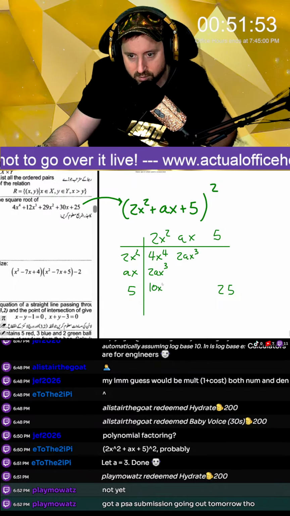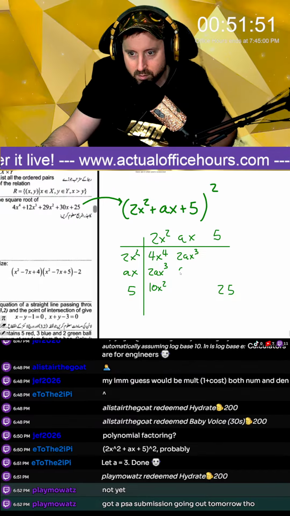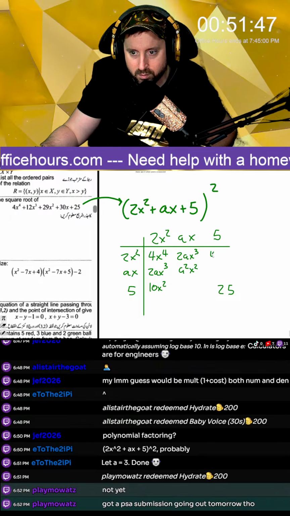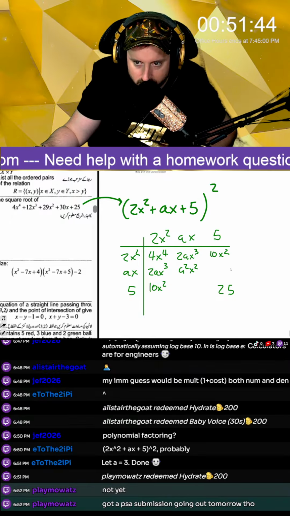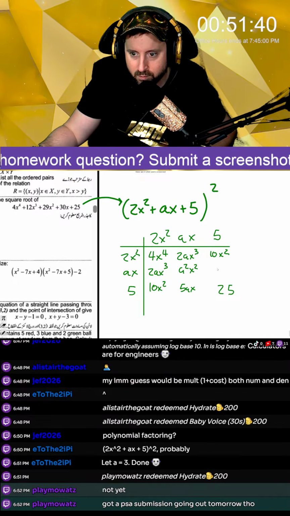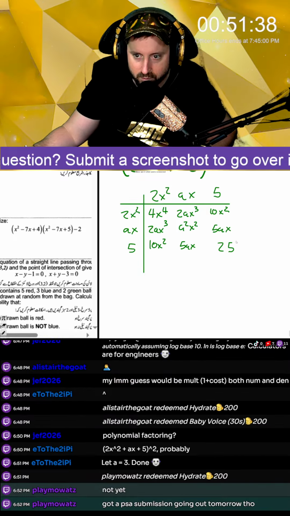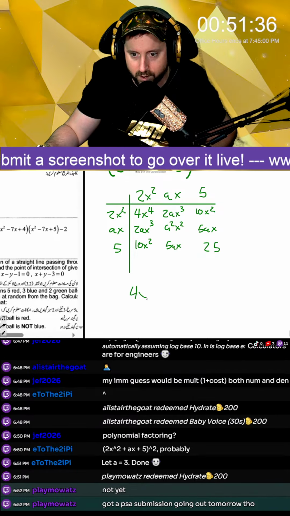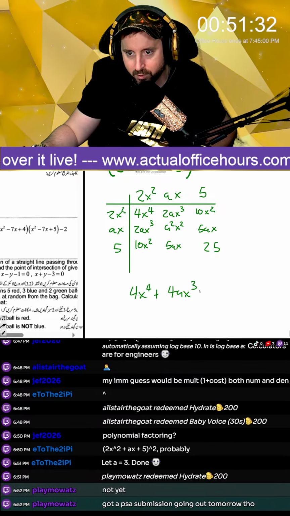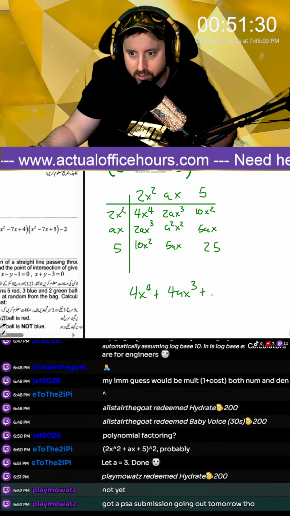And then this is 10x squared, a squared x squared, 10x squared. And then what is this? This is 5ax. So expanded out, you'd get 4x to the 4th plus 4ax to the 3rd plus 20.